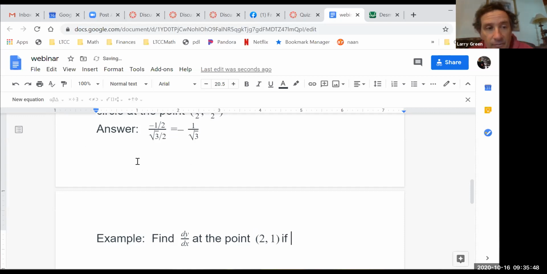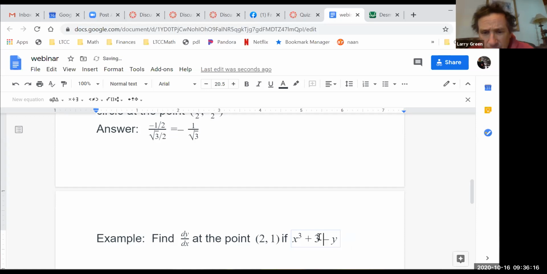If, and now let's write down an implicitly defined equation, x cubed plus 3y squared minus y.